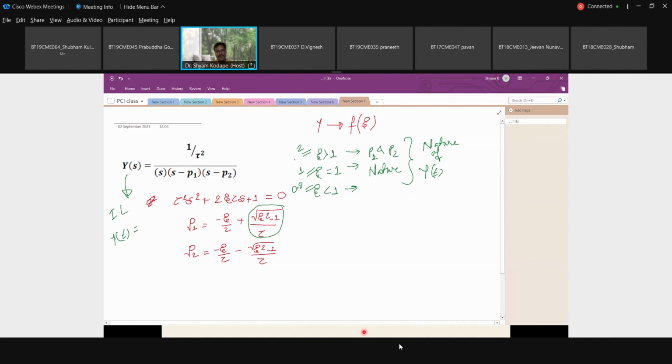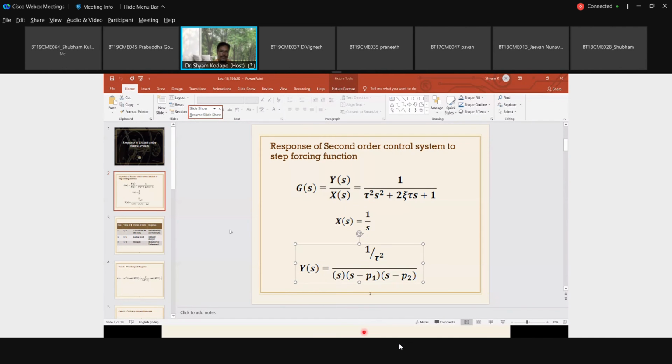You observe that. Very simple: here I put 2, 4 minus 1 will be 3, under root 3 by tau. Psi is how much here? 2, so minus 2 plus 3. Whatever calculation comes, it is observed that it will not be imaginary. It will be a real pole. Are you getting my point?